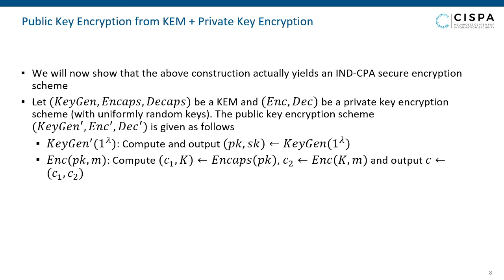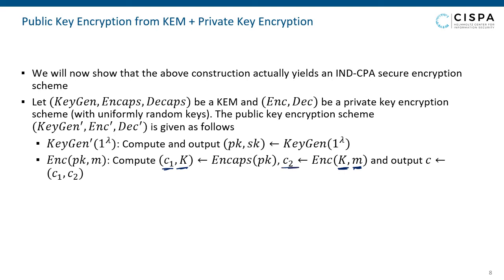Enc' first encapsulates a key, or runs the Encaps algorithm, obtaining a ciphertext c1 and a key k. Then it uses the key k to encrypt the message m under the private key encryption scheme, obtaining a ciphertext c2.